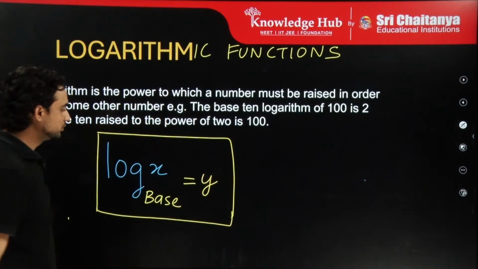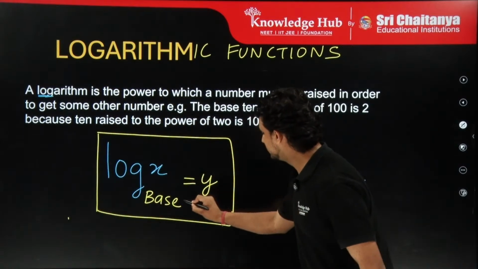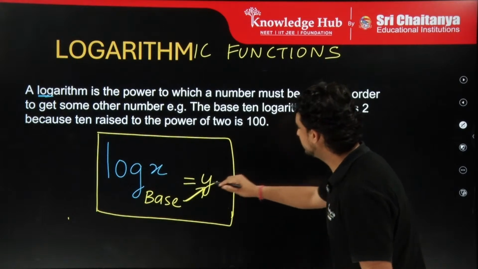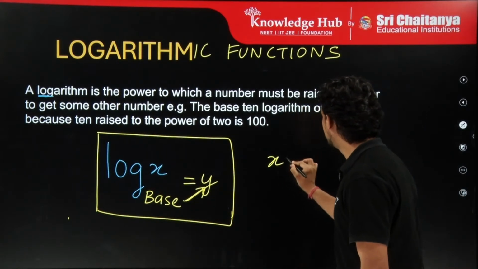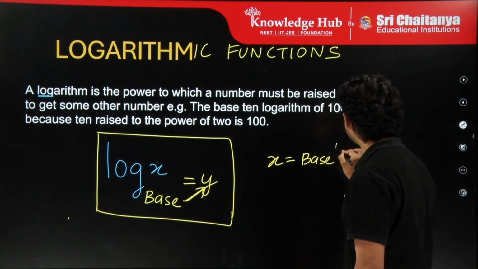If I want to solve this, what can I write? I will cross multiply this base here, and this y will go into the power of my base. So I'll get x equals base raised to y.